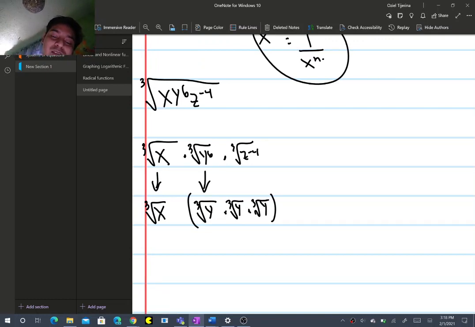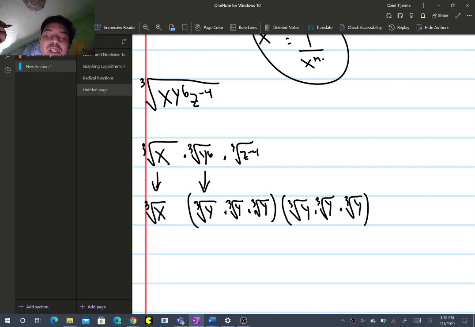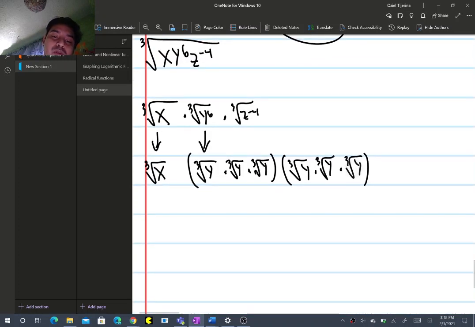We can do it all the way to 6, really. So we can say another 3, the cubed root of y times the cubed root of y times the cubed root of y. Now, we know that to cancel the cubed root, we have to multiply y 3 times. So this gives us the cubed root of y cubed. These two cancel out, this just gives us y, and we still have the cubed root of x over here.